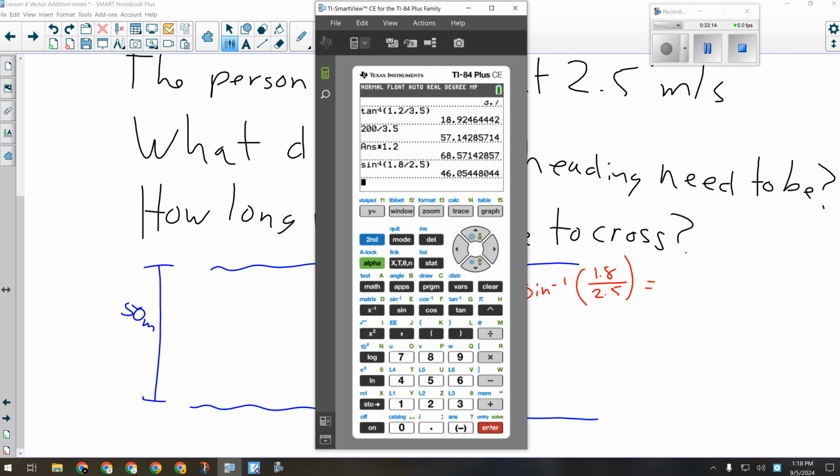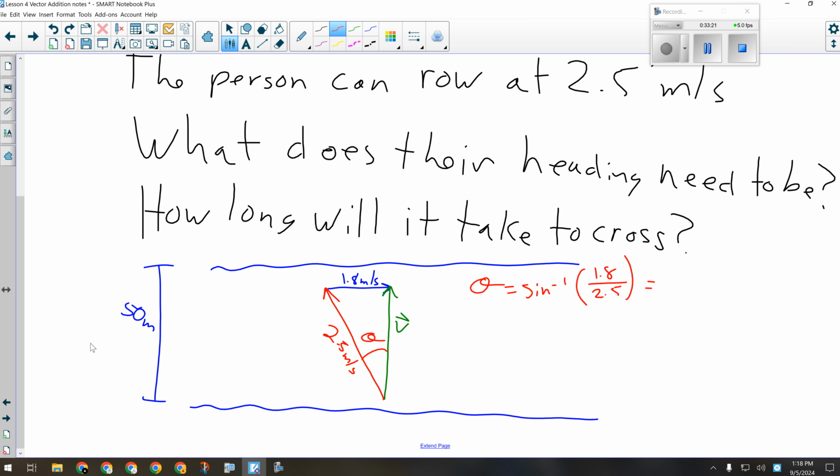So 46 degrees, and this will be west of north. They did tell me the current was going due east, that's how I know that's west of north.